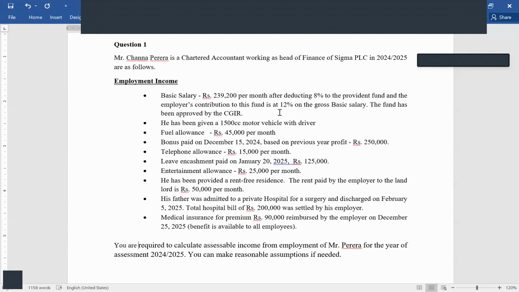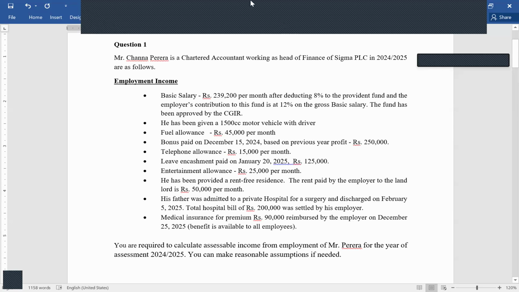Because of that, now you have to calculate employer's contribution to the fund using the amount you have already calculated. That is 3,120,000. You should consider the 12% of that amount. Then that amount is 374,400. That is tax exempt.